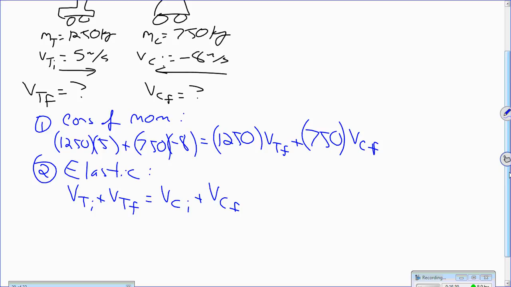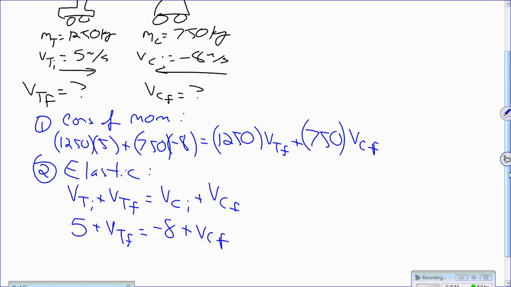We're going to get 5 plus the velocity of the truck final equals negative 8 plus the velocity of the car final. So now we've got 2 equations, 2 unknowns, solve it.